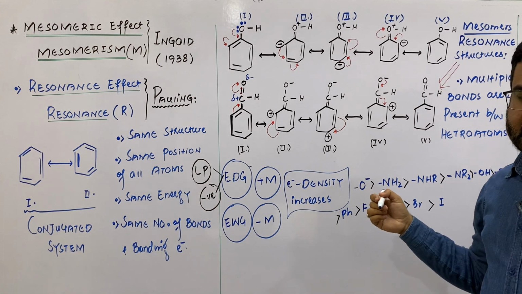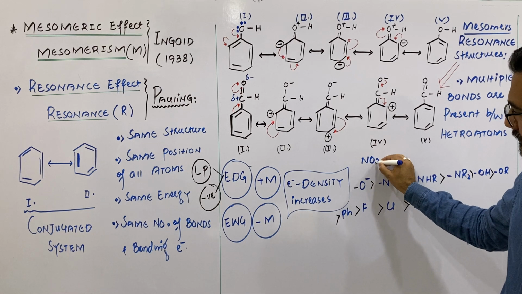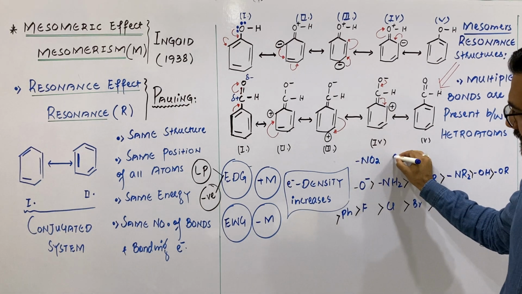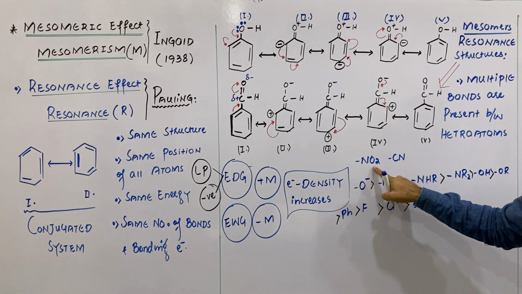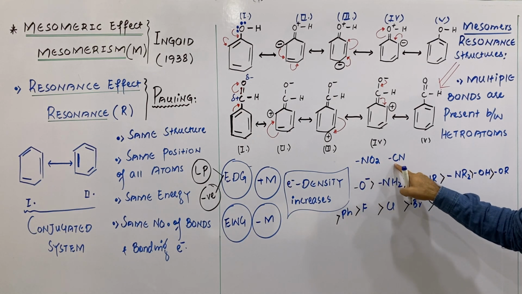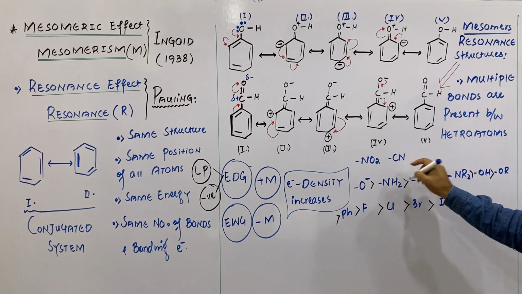The famous examples of the negative M groups are NO2 and CN, in which nitrogen and oxygen are attached by double bonds, and carbon and nitrogen are attached through a triple bond.